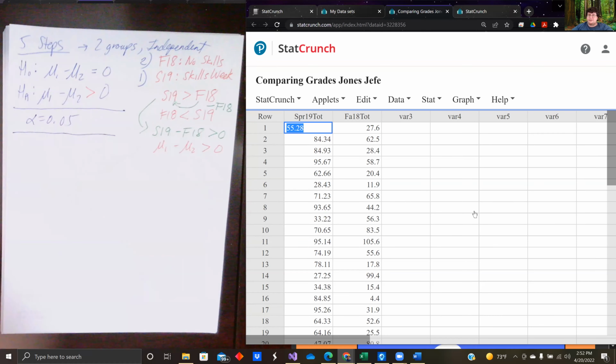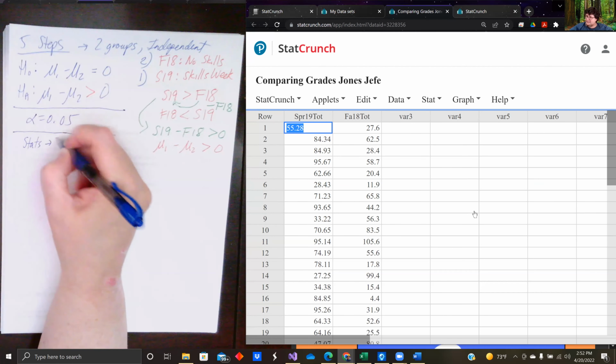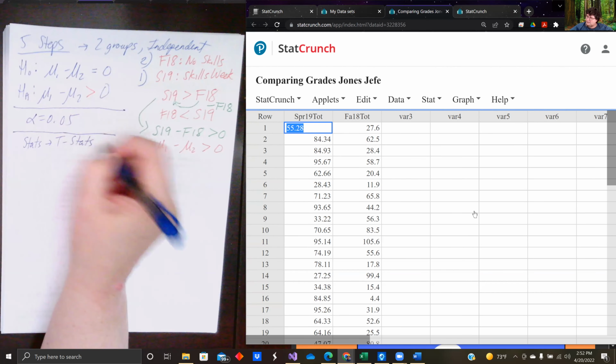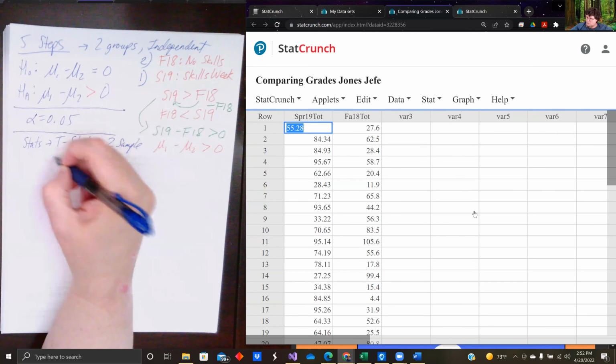And so now we just need to do the claims. And since we have the data, we're just going to use the data. We'll do stats, T stats, 2 sample with data.